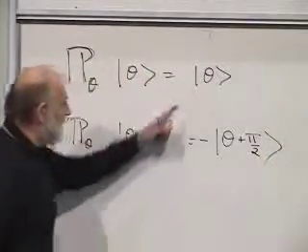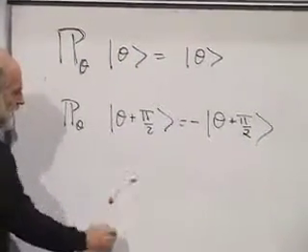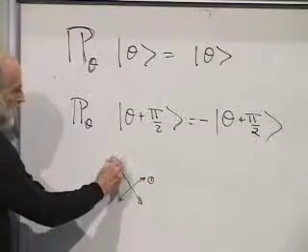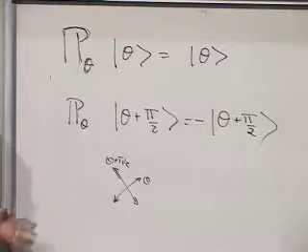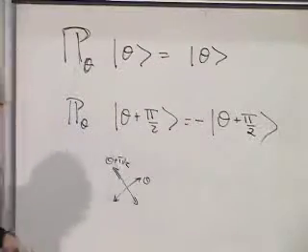In other words, both of these polarization states, theta and theta plus pi over 2, are eigenvectors of the observable polarization, but eigenvectors with opposite eigenvalue.